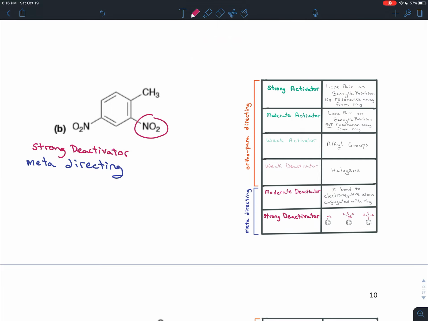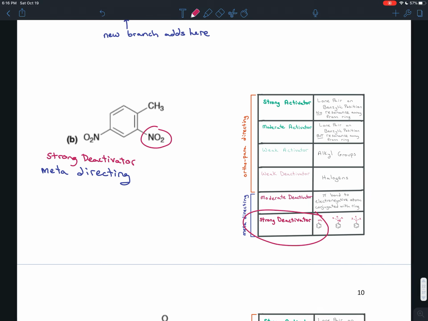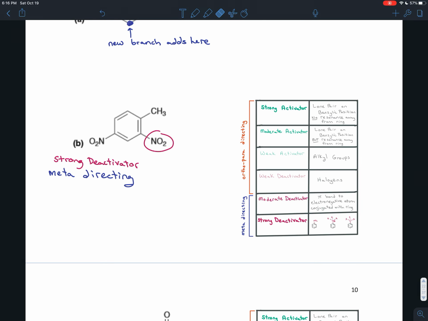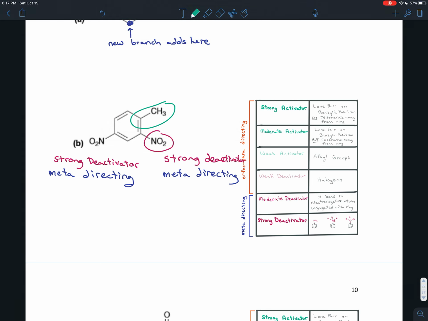Similarly, the nitro group over here is also one of those 3 strong deactivators. So that's another strong deactivator. And all strong deactivators are meta-directing. Finally, up here we have an alkyl group, right?